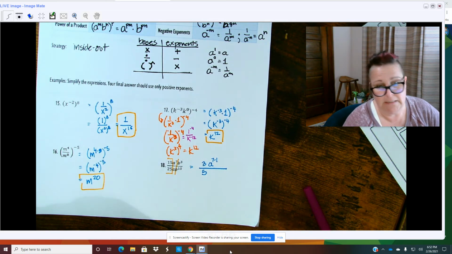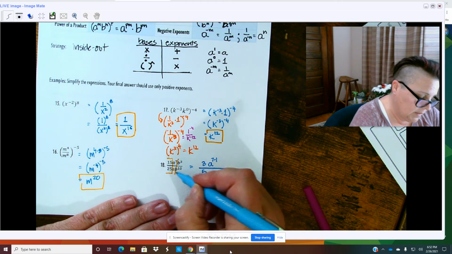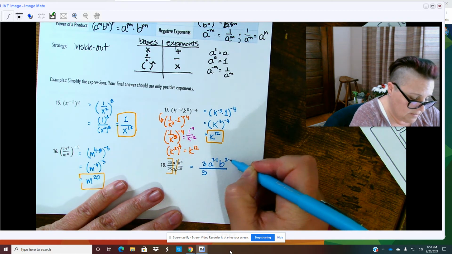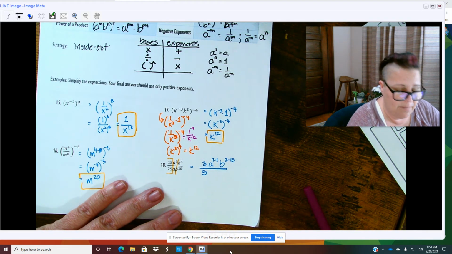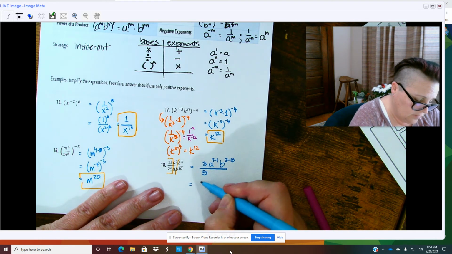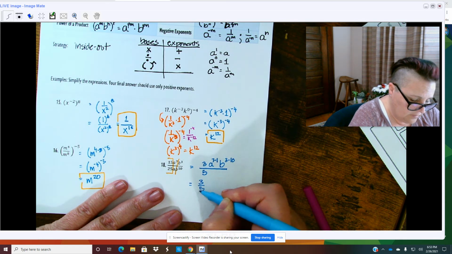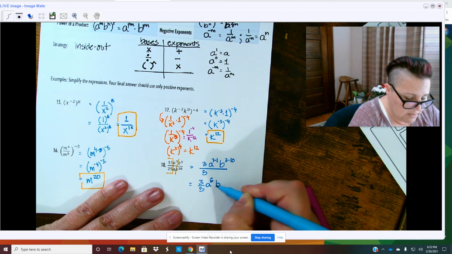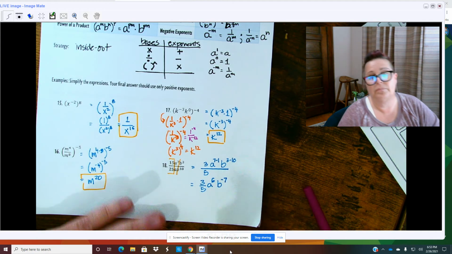That's going to be 6. And then I can look at the b's, and this will be b to the 3 minus 10. Remember, it's always top over bottom. This is going to give me 3/5 a to the 6th, b to the negative 7th.